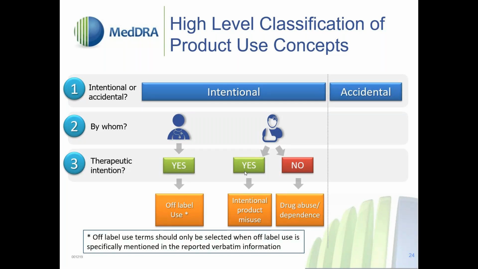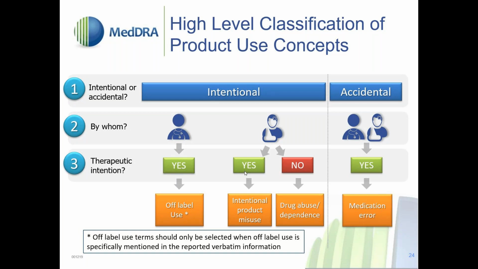If the unapproved product use is unintentional, accidental, this can also be caused by both the healthcare professionals or patient consumers. If this occurs in the context of the therapeutic use of the relevant product, it is classified as a medication or product use error.